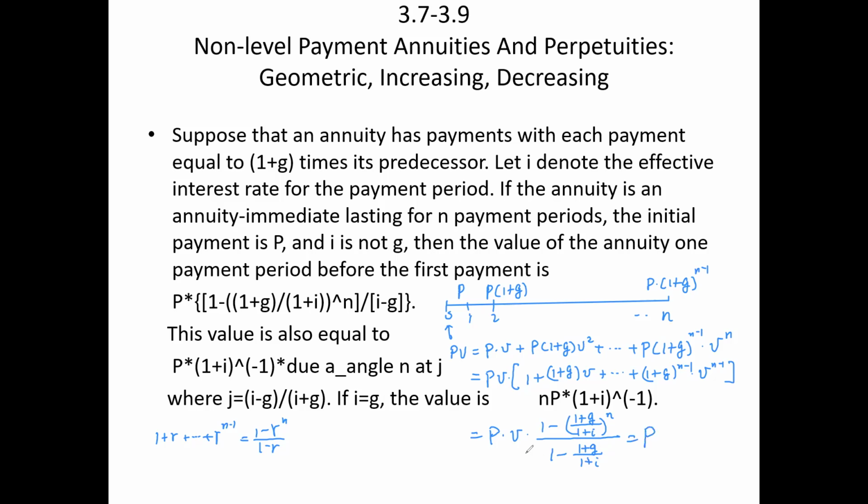And V equals 1 over 1 plus I, so you're going to multiply the bottom by 1 plus I. So you have 1 plus I minus 1 plus G, so you have I minus G. And the numerator is 1 minus (1 plus G over 1 plus I) to the n. Okay, so that's the formula.